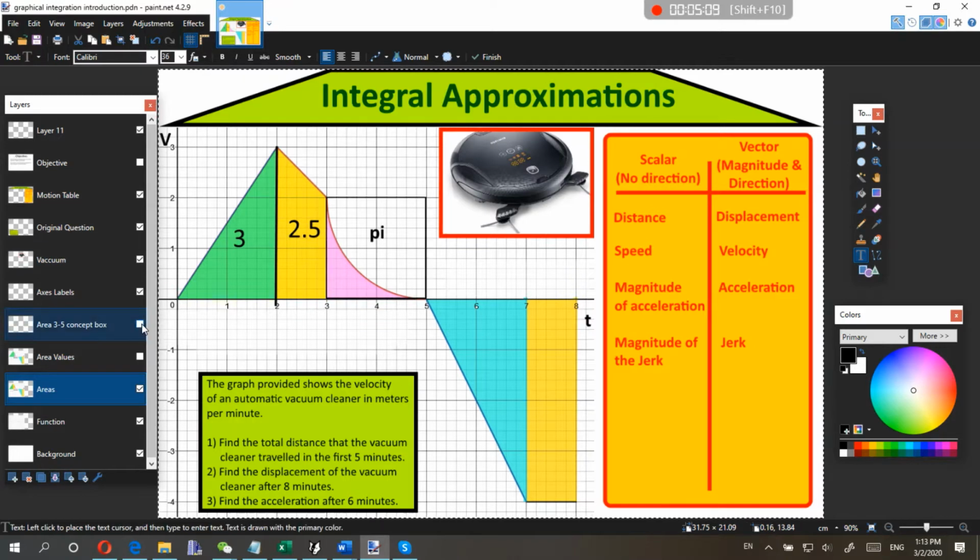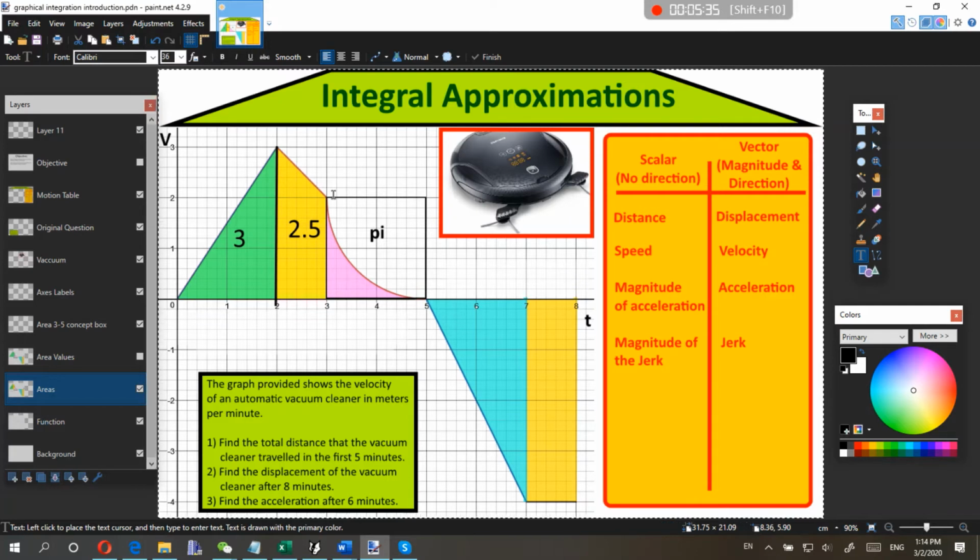If I focus on this pink area, I've got a box that I could draw here. I am cutting out a quarter circle out of that box with a radius of 2. The area of a circle is pi r squared, and I'm cutting out 1/4 of that area, where r is 2.